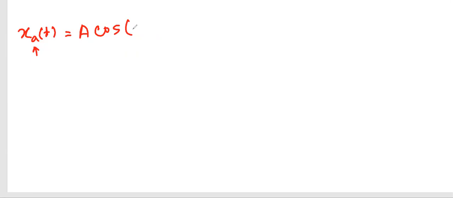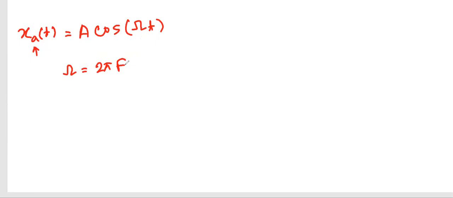Throughout this semester, we'll put capital omega for the analog frequency in radian per second, where we already know that capital omega is equal to 2 pi capital F, where F is in hertz. Okay, so we have already done this.